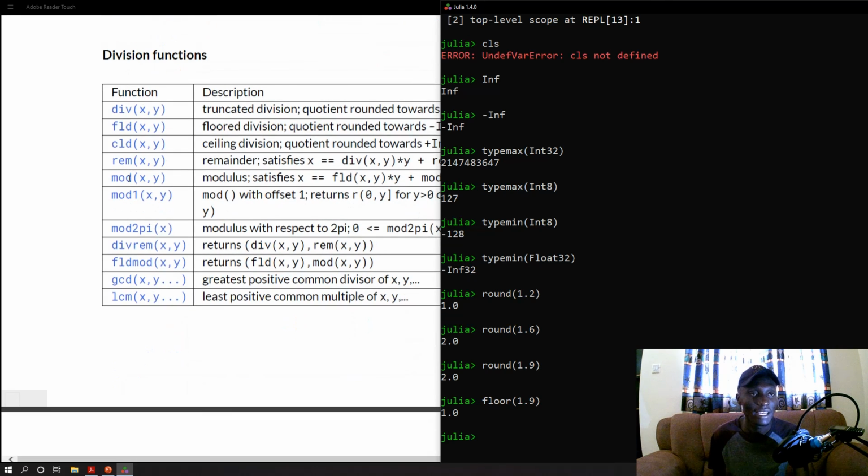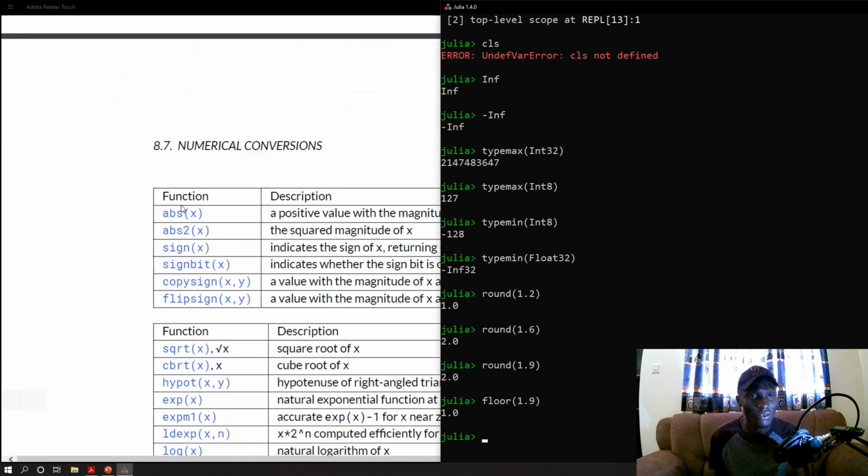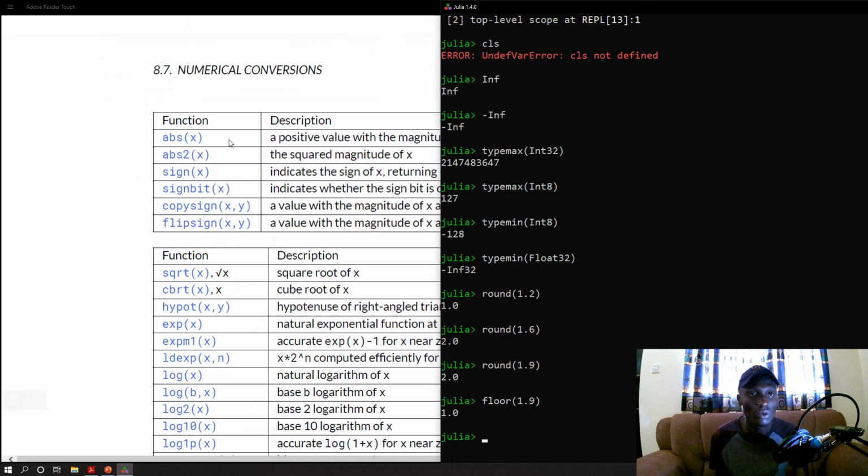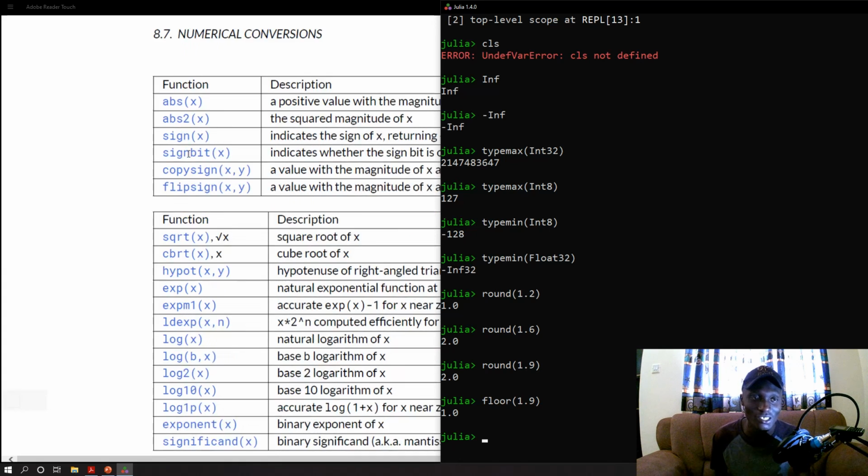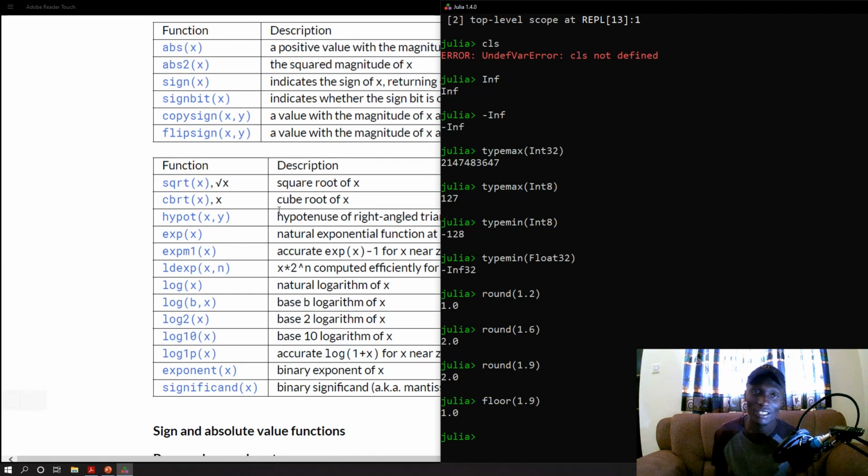This one gets the remainder, this gets the modulus, this gets the mod. So check out these functions. This is abs, which returns the absolute value, and this one returns the absolute square, abs2. If you're doing something like mean squared error in math, you always want to use something like this instead of computing it yourself.